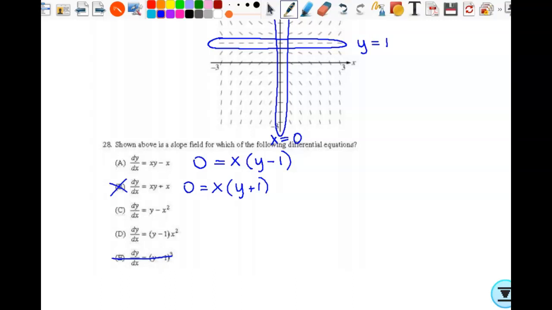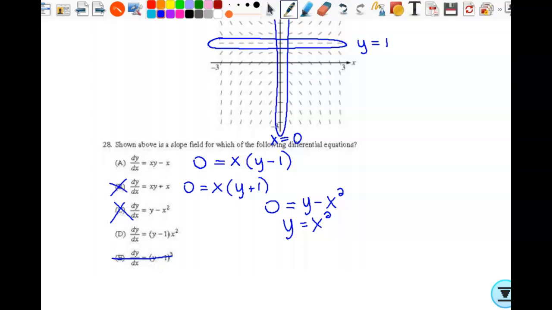Where would I need to see 0 slopes on C? y equals x squared, so I would need to see some pattern of 0 slopes along some quadratic function. So that one's out. But here, if I set this equal to 0, I would get 0 slopes at y equals 1 and at x equals 0. So now we've narrowed it down to 2.